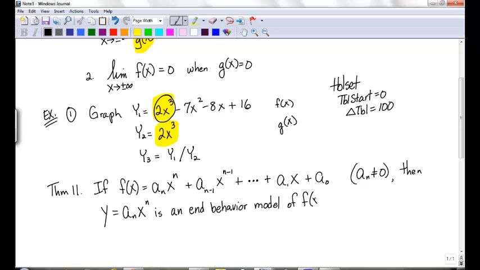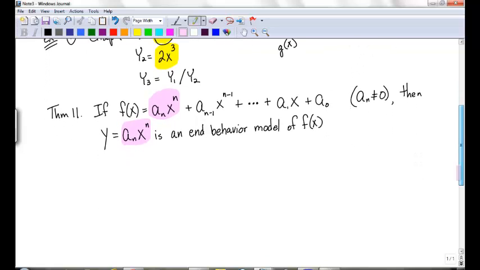So another way, if you look back up at ours, this is our beginning polynomial, and it's telling you that first term is the end behavior model. So y equals 2x cubed is the end behavior model. There are only 4 types of end behavior models.